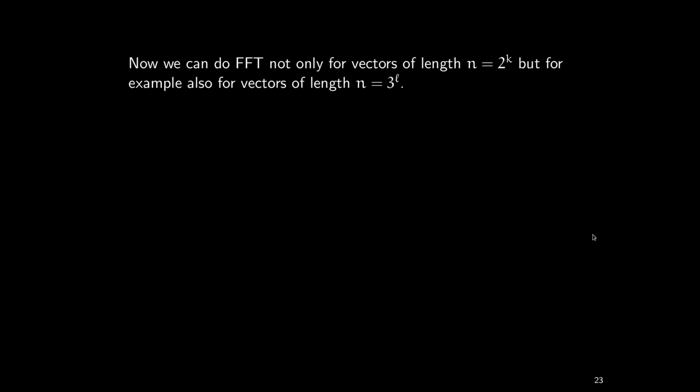Okay, so from this more general decomposition, we can easily translate the FFT algorithm so that it applies not only to vectors whose length is a power of 2, but as well to vectors of lengths that are powers of 3.